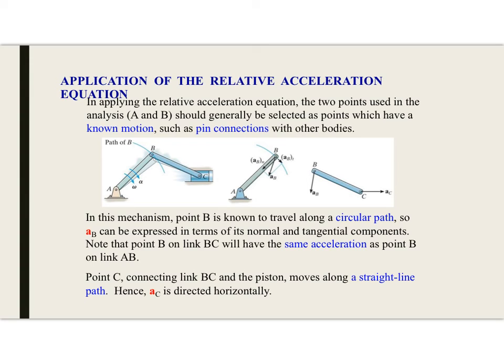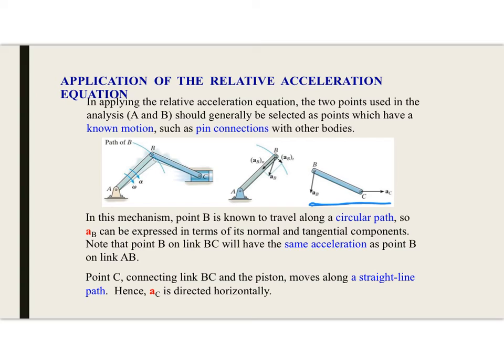Some of the things here that become useful is, for instance, we might not know exactly what the rotational quantities are for link BC, but we can come up with expressions of the acceleration of C with respect to the information we have of the acceleration of B. But one of the things that will help us narrow down quantities is that the acceleration of C is strictly horizontal, which means it only has an x component.